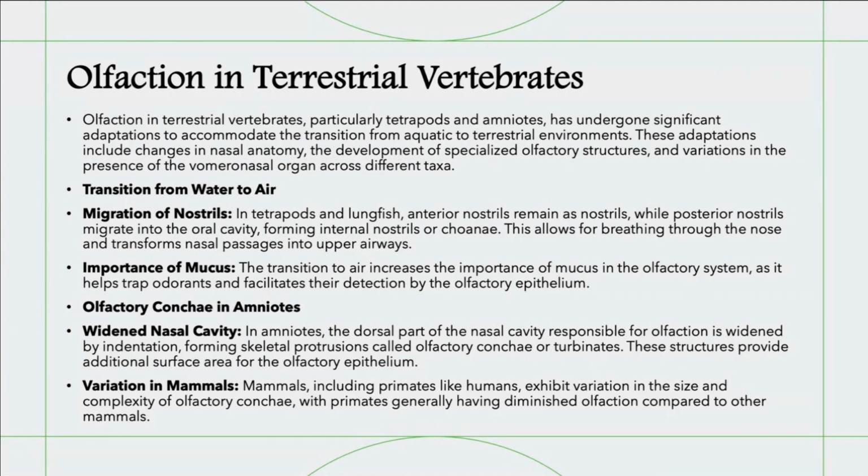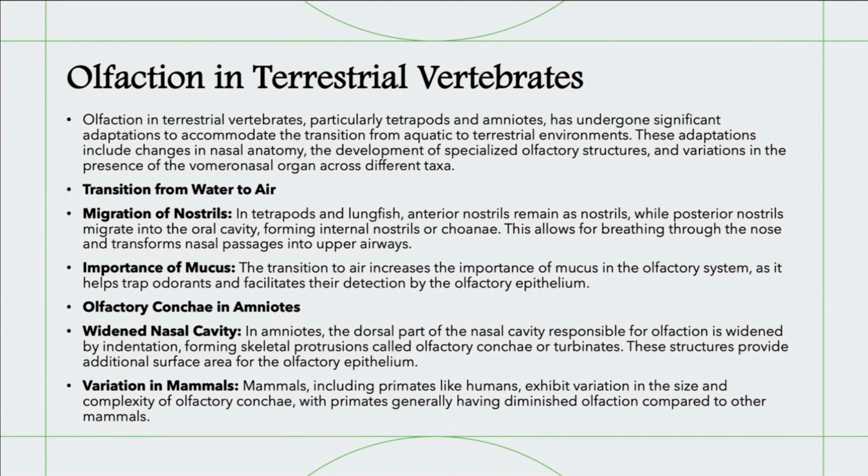So in amniotes, the dorsal part, the back part of the nasal cavity, is important for olfaction, and it has been widened and then has formed skeletal protrusions called the olfactory conchae or the turbinates. These structures give additional surface area for olfactory epithelium, which will again improve the sense of smell.